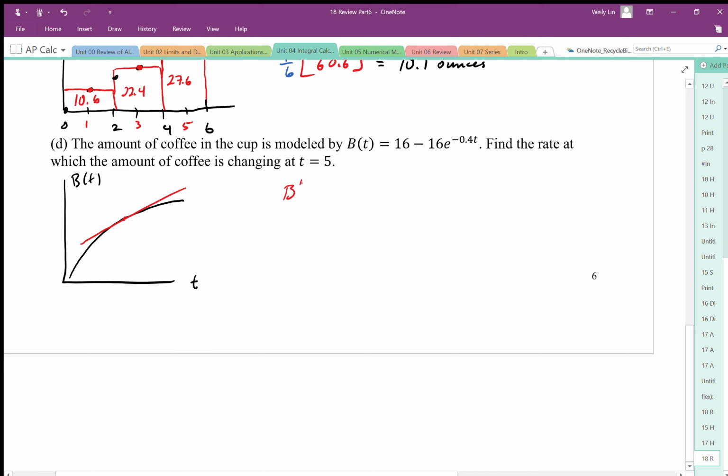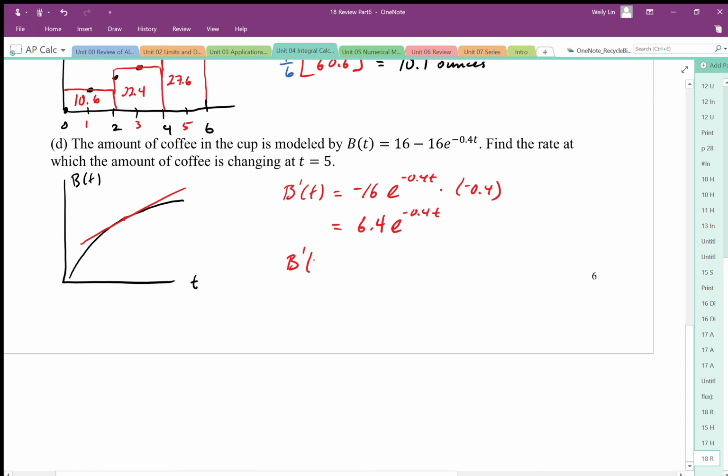So I'm going to differentiate this expression. I'm going to end up with negative 16 e to the negative 0.4 t, using the chain rule, times my negative 0.4. So 16 times negative 0.4 ends up being positive 6.4 e to the negative 0.4 t.